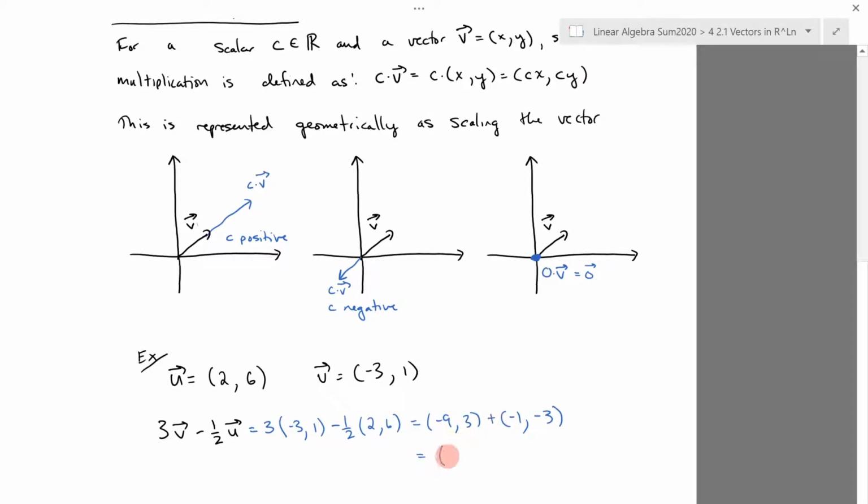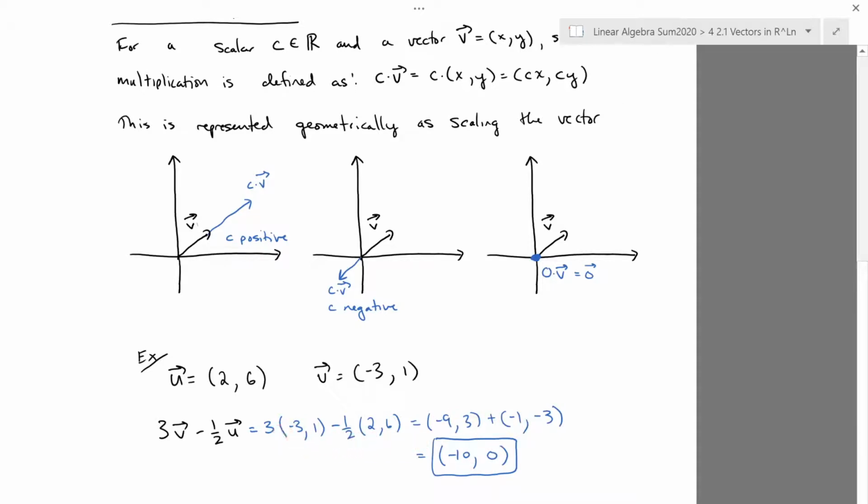So -9 plus -1 is -10. 3 plus -3 cancels out, so that's 0. Okay, so I've done the calculation step by step by first doing each of these scalar multiplications and then finally adding the resulting vectors together.